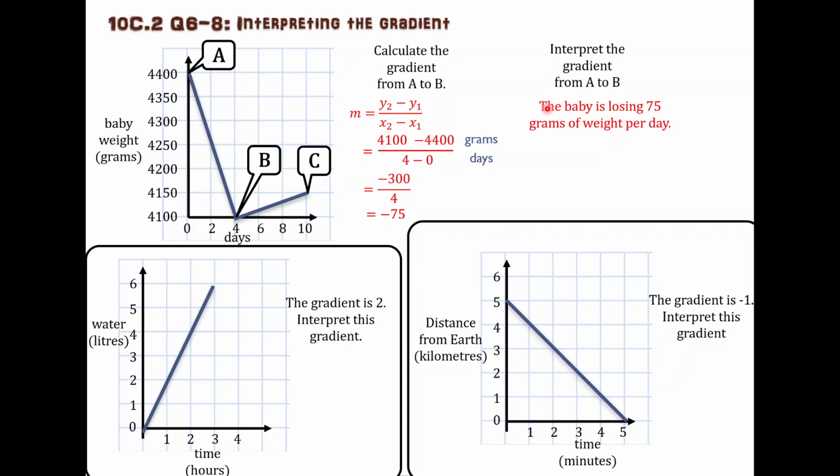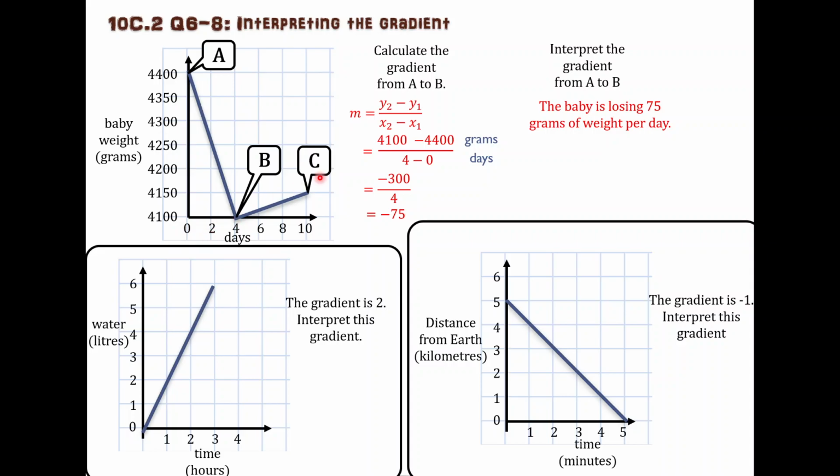In other words, the baby is losing 75 grams of weight per day, which I can tell you at the moment was terrifying, but totally normal for babies in the first week. Whew. Do you see how I got the unit here? Grams per day. It's the unit at the top, in other words, the unit on this axis, divided by the unit of the bottom here, the unit on the x-axis.